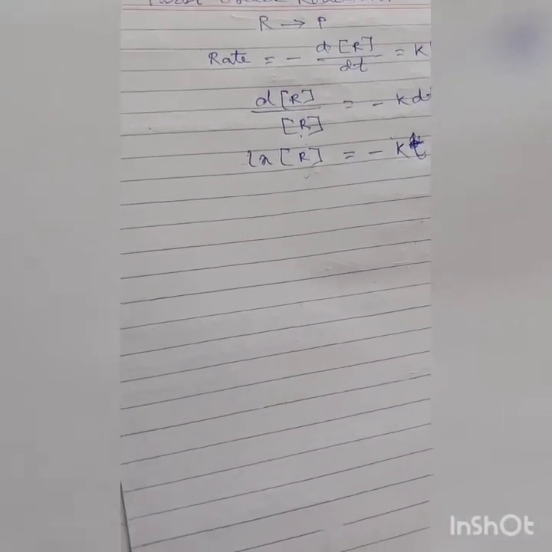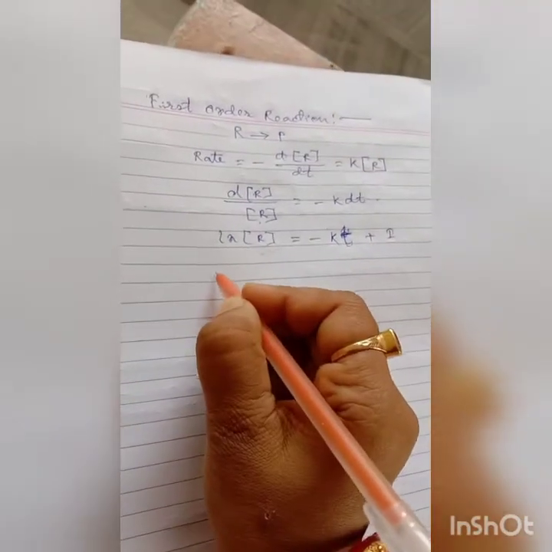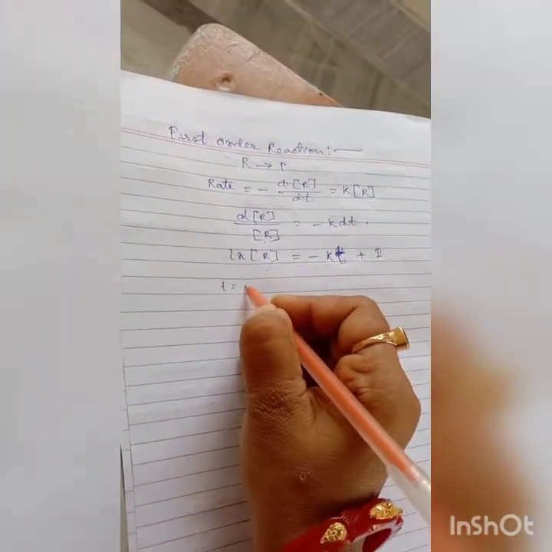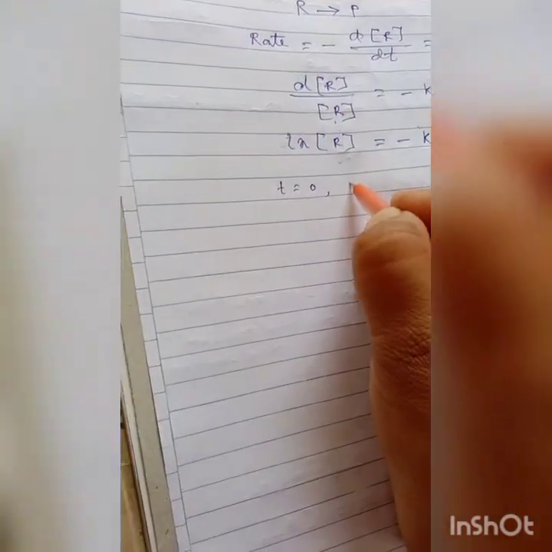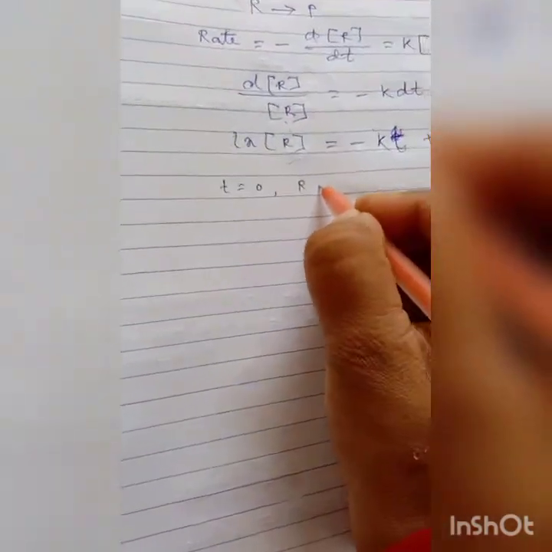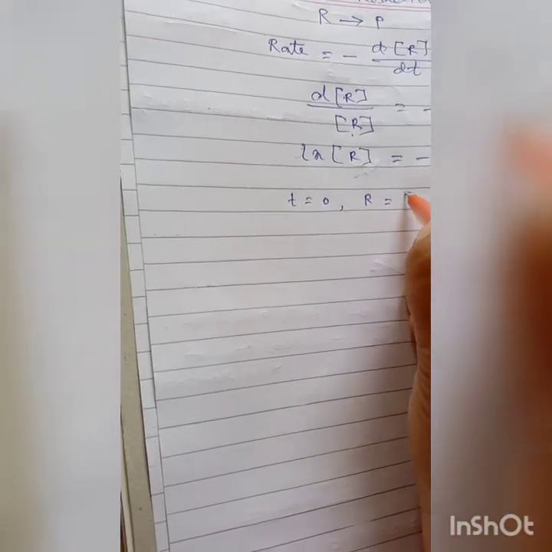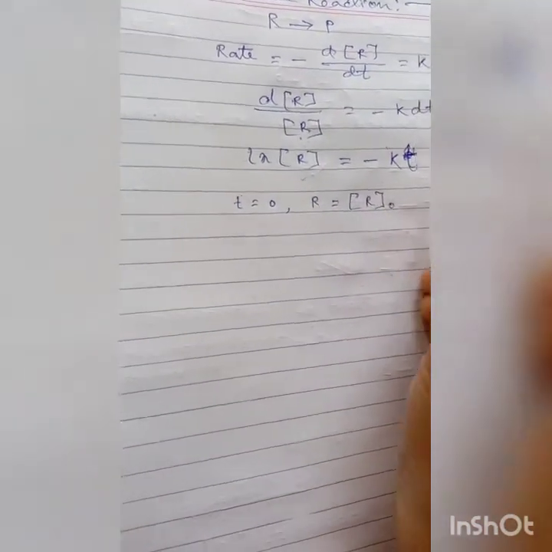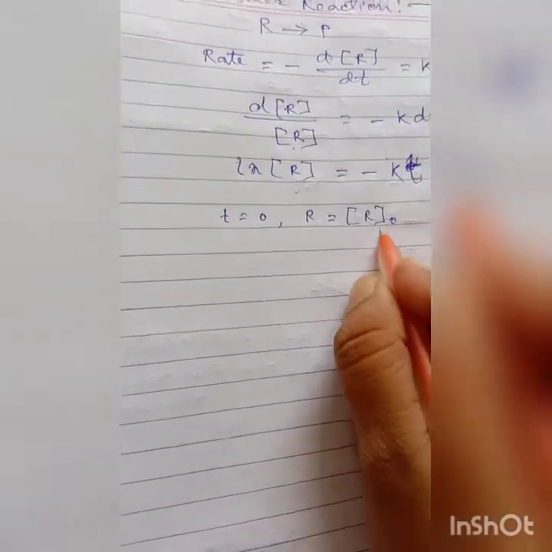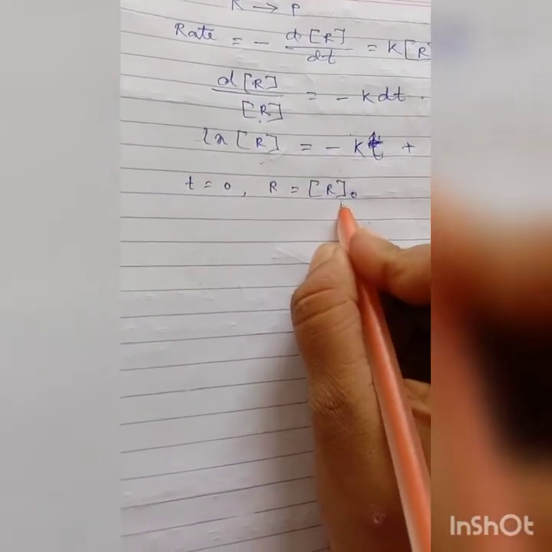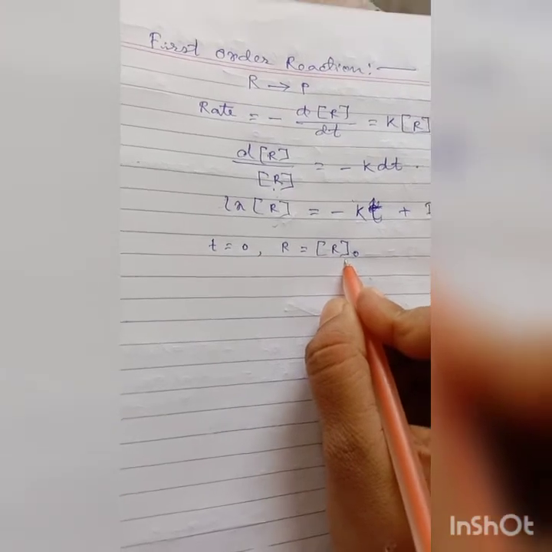Okay, so when t equals 0, R equals R0, where R0 is the initial concentration of the reactant.